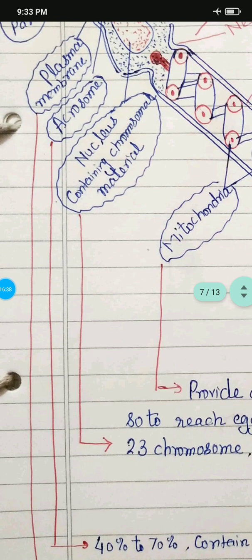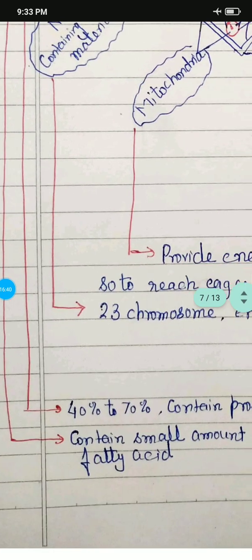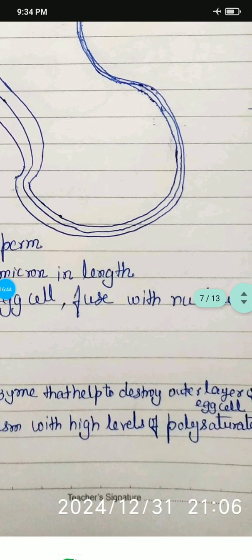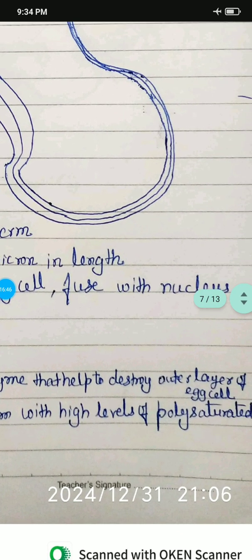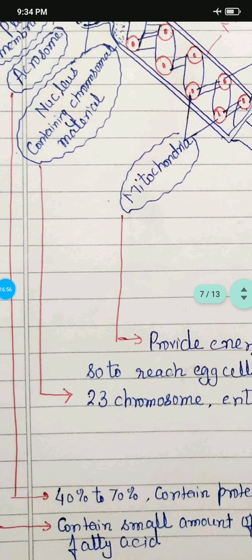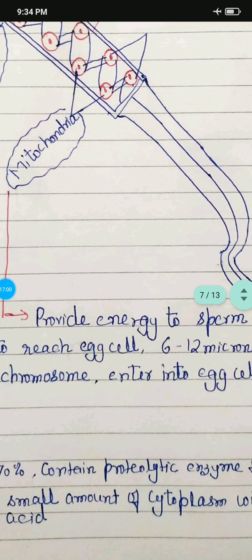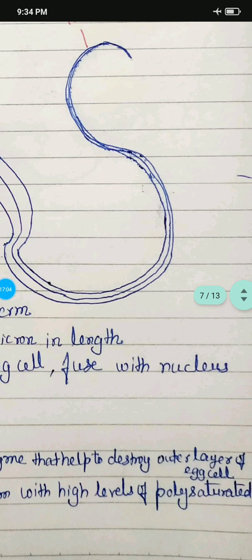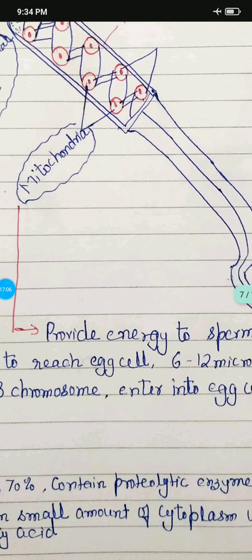Now the acrosome is very important because 40 to 70% of it contains proteolytic enzyme which helps to destroy the outer layer of the egg cell. The outer layer of the egg cell is destroyed with the help of the acrosome, and then the sperm enters inside. The third part is the nucleus. The nucleus consists of 23 chromosomes which enter the egg cell and fuse with the nucleus of the egg cell.